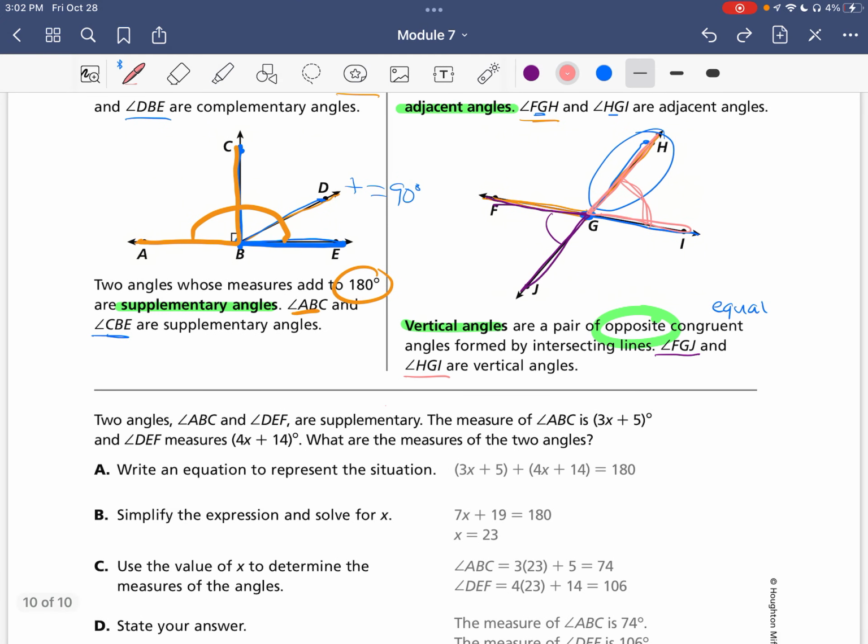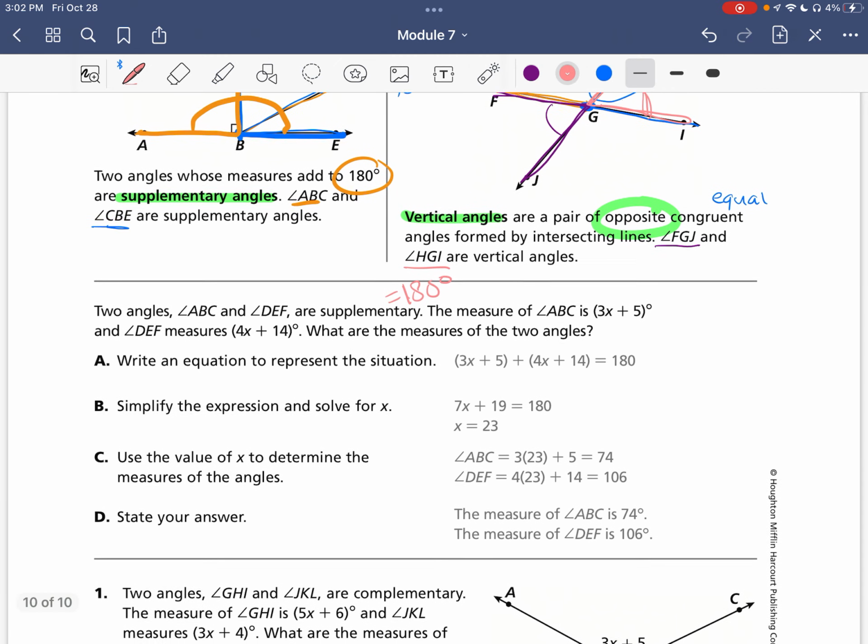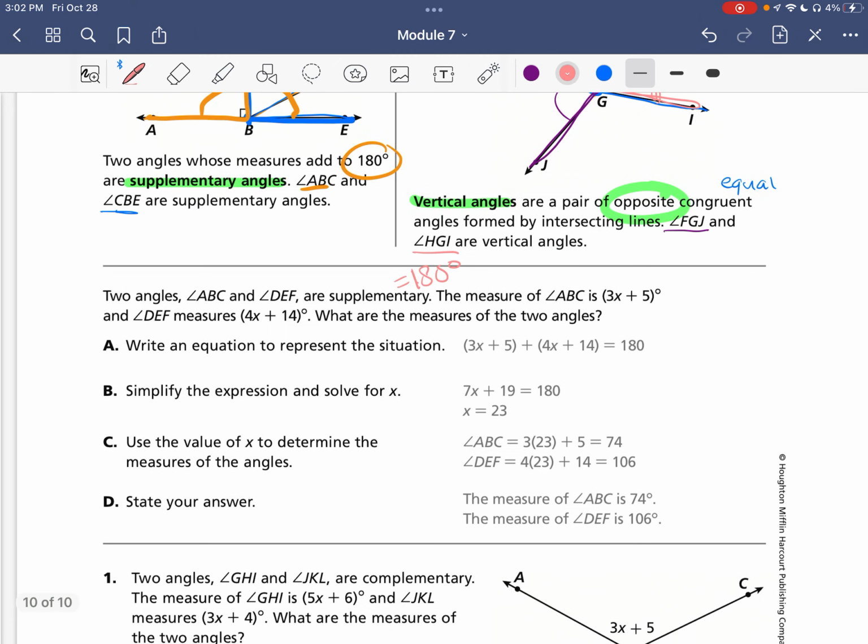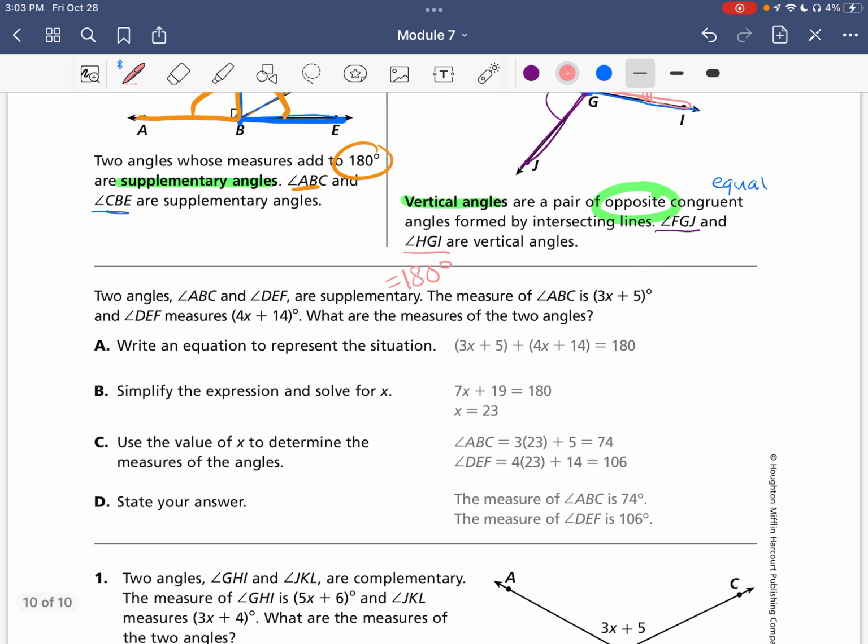Let's add that in here. Equals 180 degrees. The measure of angle ABC is 3x plus 5, and DEF measures 4x plus 14. What are the measures of the two angles?